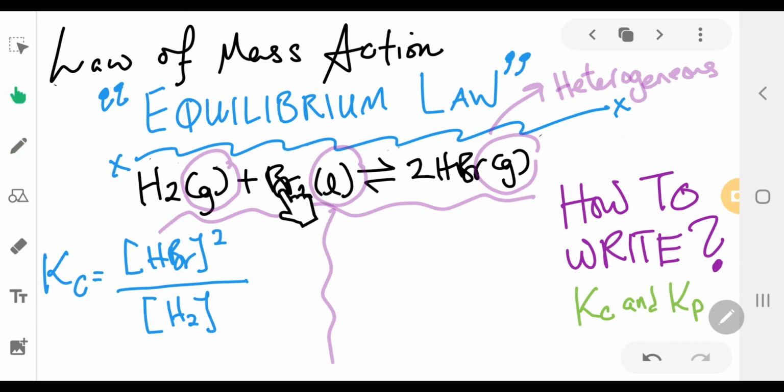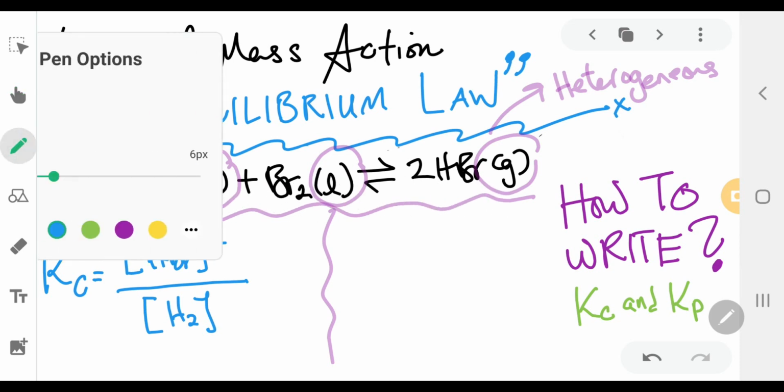And this is not going to be included for Br2 liquid simply because it is a pure liquid. But if you have aqueous over here, you can put that into the Kc expression, but pure liquid is not going to be included. So that is the Kc expression for this heterogeneous equilibrium.